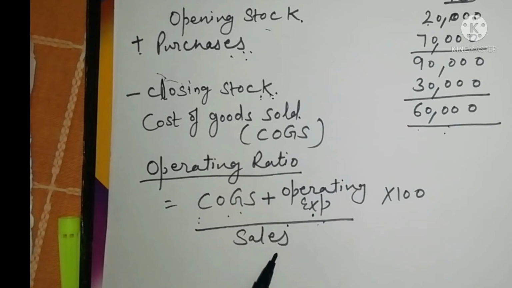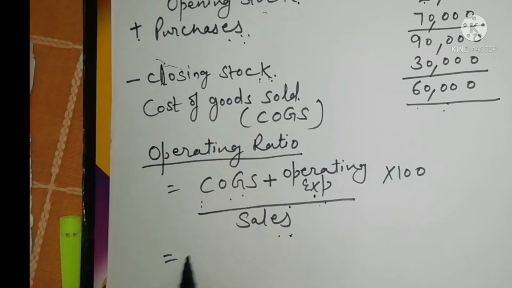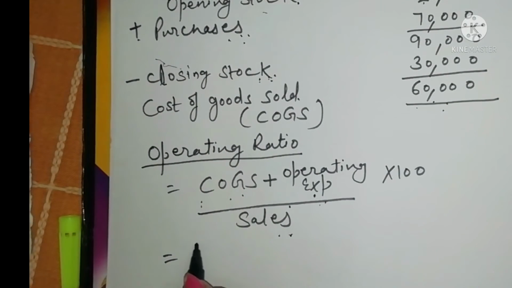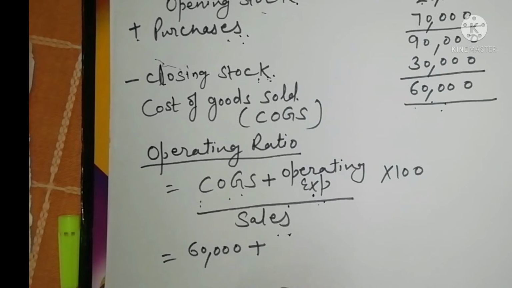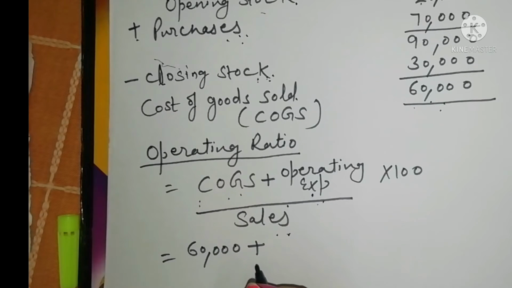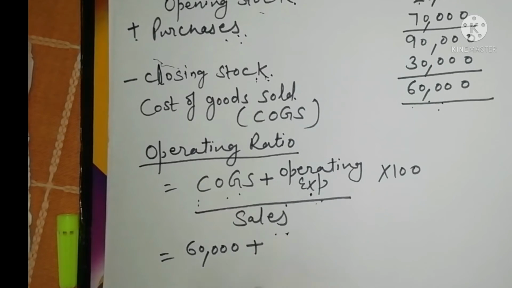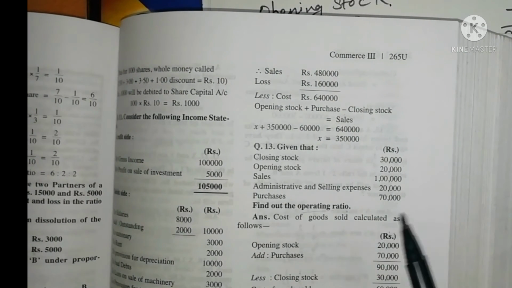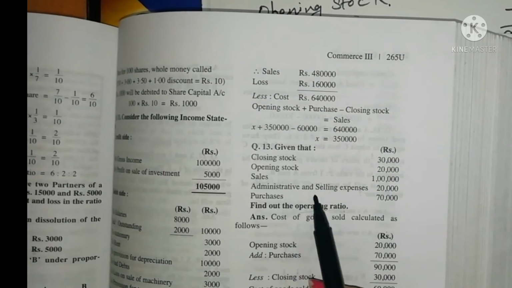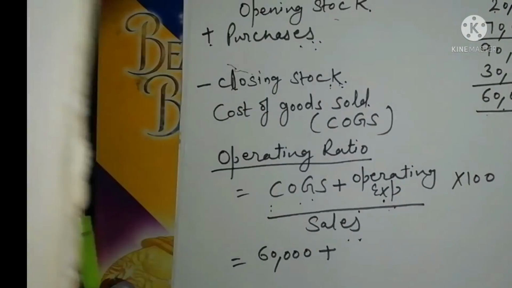So COGS value is rupees 60,000 plus operating expenses. Now in the question, what are the operating expenses? In the question you can see administrative and selling expenses rupees 20,000, and that represents the operating expenses of a business.